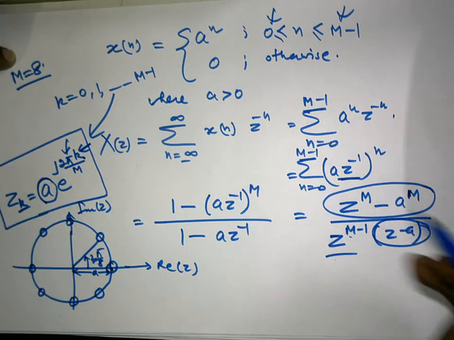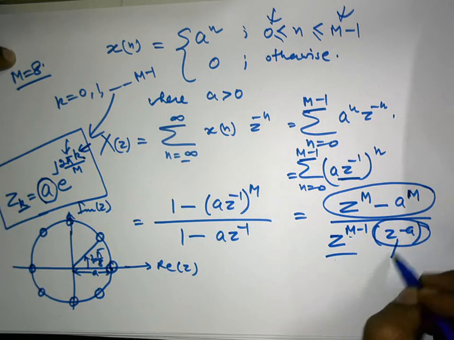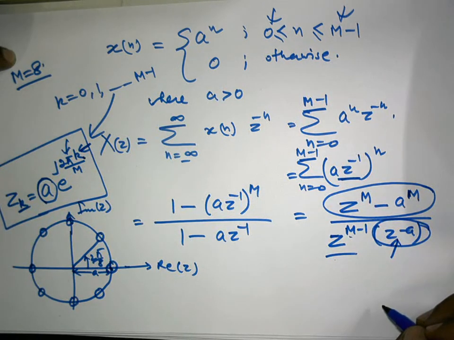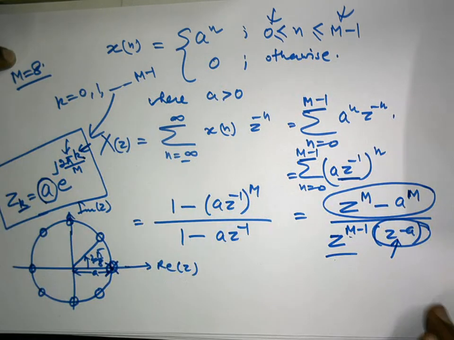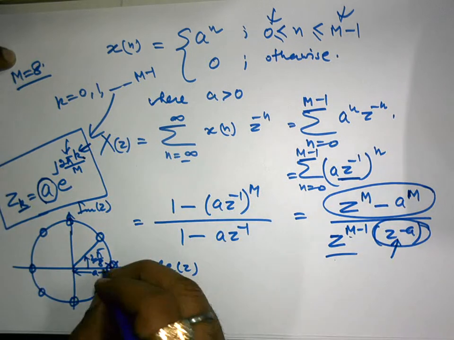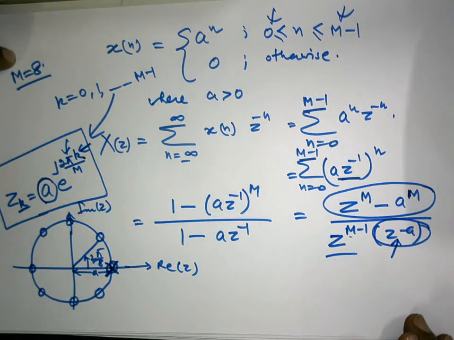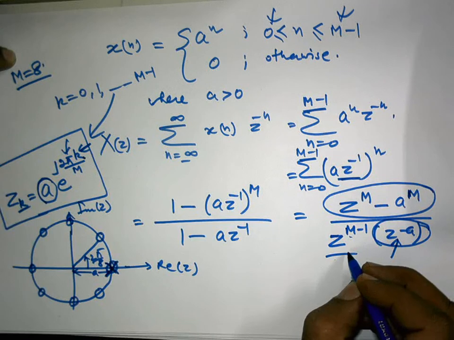Okay. What about the location of poles? One of the poles occurs at z equal to a. And a pole occurring at the same place where a zero occurs, they both cancel each other. Okay. Now, how many poles are there at the origin?